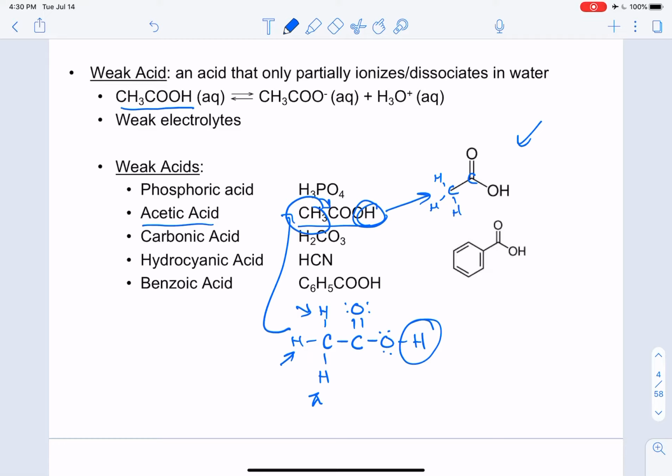Now, since acetic acid is an acid, it's going to release H+, and we just said that this is the acidic proton right there. That's the H+ that's going to jump off. So we put it in water, and that H+ will jump onto a water, and it's going to leave us with this right here.